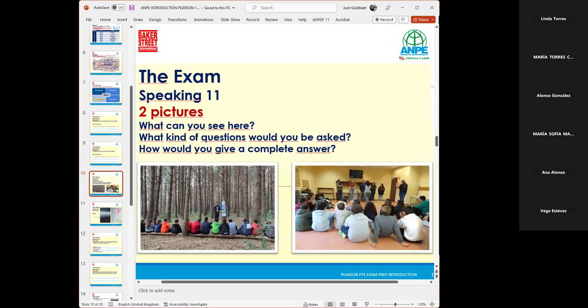So the first thing you need to do is look at the two pictures, tell me what you see, and then tell me if you think there's a connection between the two. You've got 1 minute now to look at the pictures, describe them, and tell me if you think there's a connection between the two.